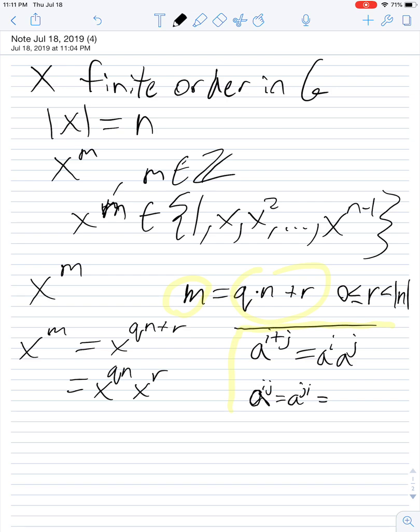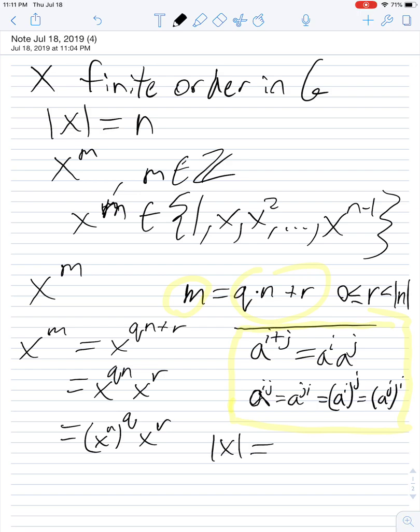But you can write either of these as (a to the i) to the j, or perhaps (a to the j) to the i. Make sure you prove these separately. And that means we can write x to the qn as (x to the n) to the q, times x to the r.